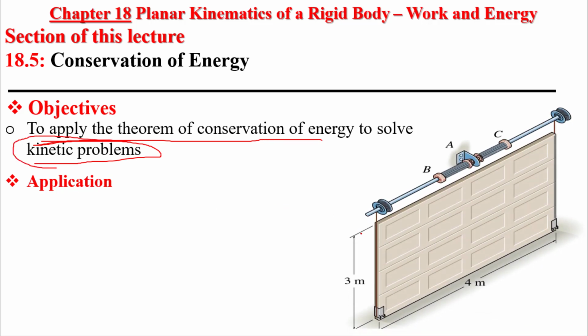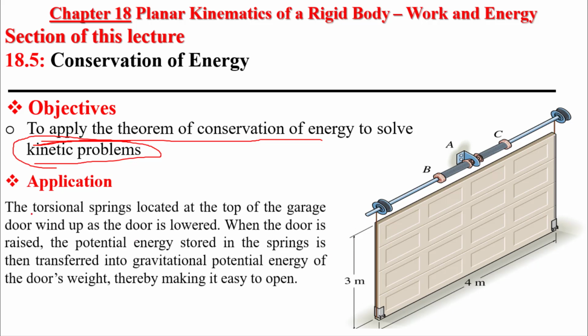The application, this is a very famous application in the United States of America. Here we have a garage, and this is the door of this garage. Usually they use torsional springs, as you can see here. These torsional springs are located at the top of the garage door, and they wind up, or are squeezed, as the door is lowered.